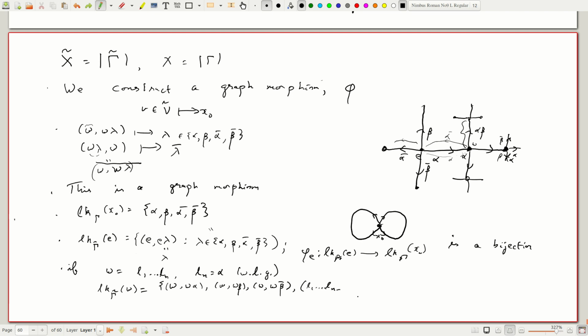Instead, we have to start with W, which is L1 through Ln, and then go on to L1 through Ln minus 1.